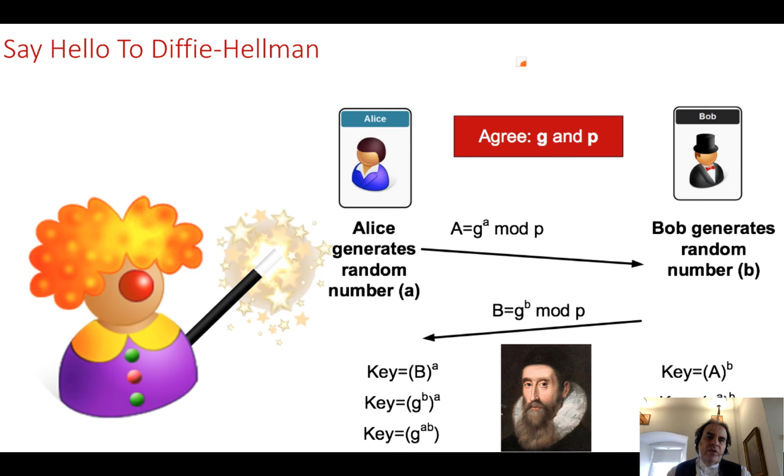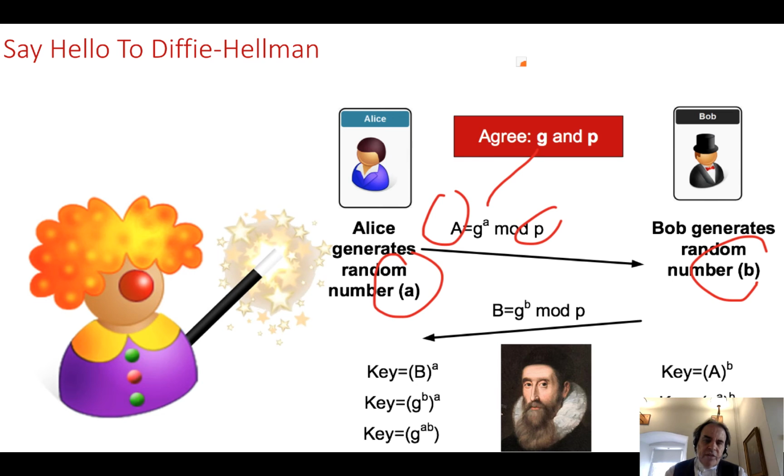The Diffie-Hellman method is a standard method that's been around for quite a while, and is really the basis of a good deal of cryptography. For this we agree two values, a g and a p. The p is the prime number here, and then Alice and Bob generate a random value. Alice generates a and Bob generates b. So Alice calculates g to the power of a mod p.